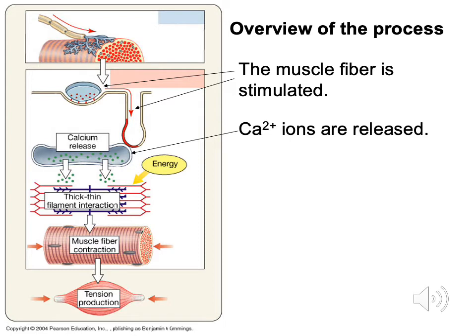Within the muscle, once depolarization occurs, we get the release of calcium into the muscle fiber itself. This is going to be the first key step that triggers contraction. Such an important step that calcium can be treated as a key regulator of muscle contraction.